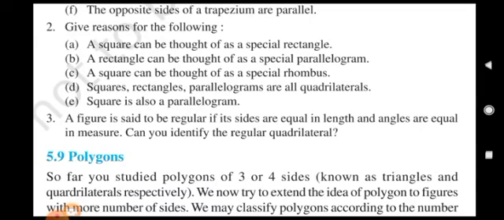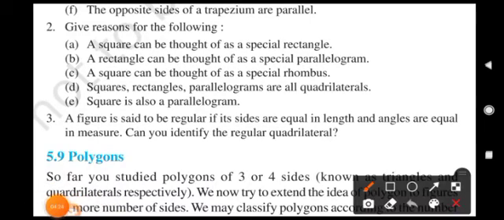Now come to question number 2. Give reasons for the following. Now we have to give the reason for these questions. A: a square can be thought of as a special rectangle.